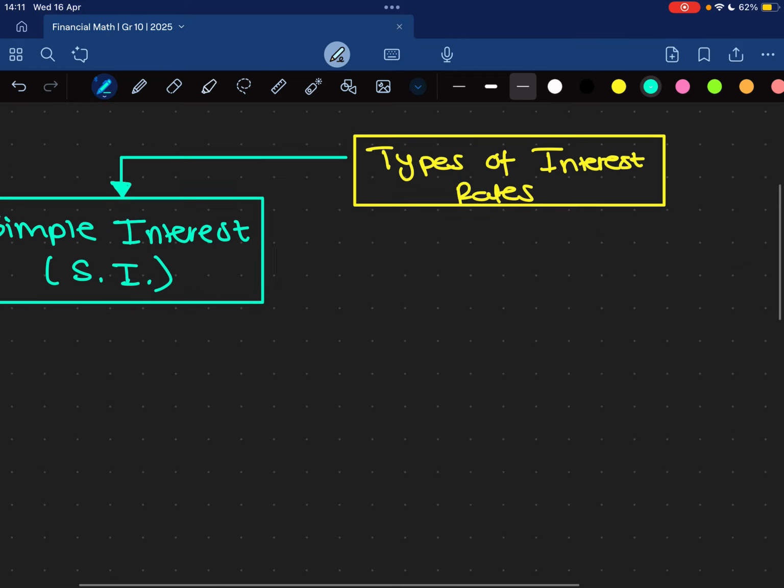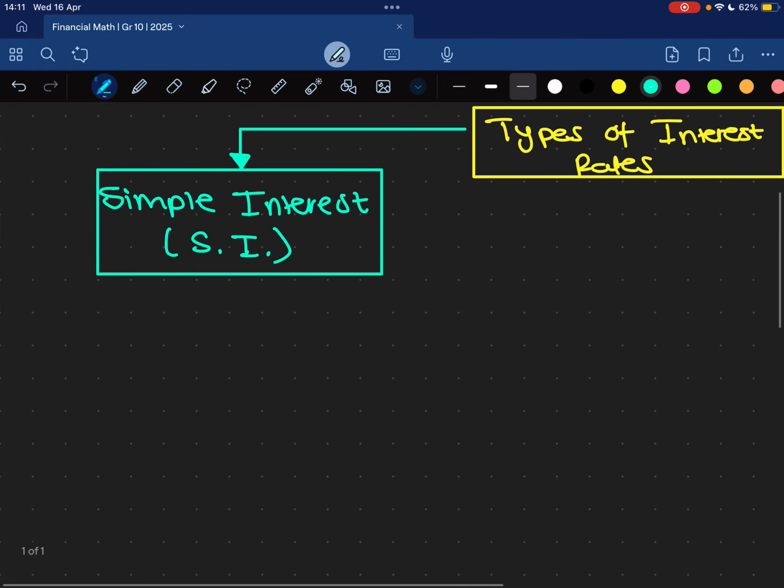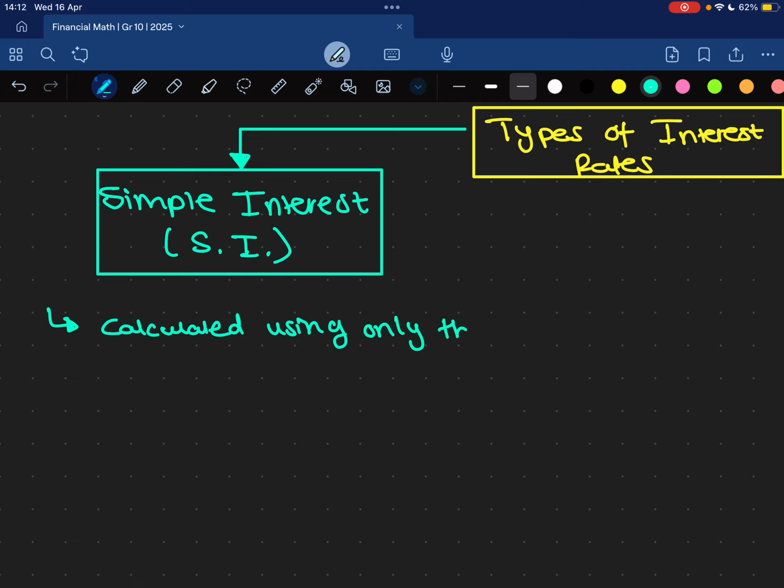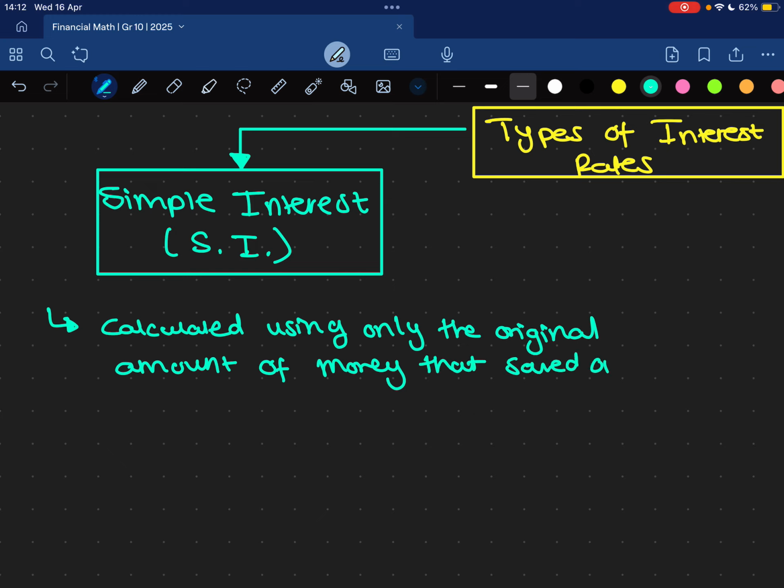Okay, so simple interest is calculated using the original amount. So it's calculated using only the original amount of money that is saved or borrowed.